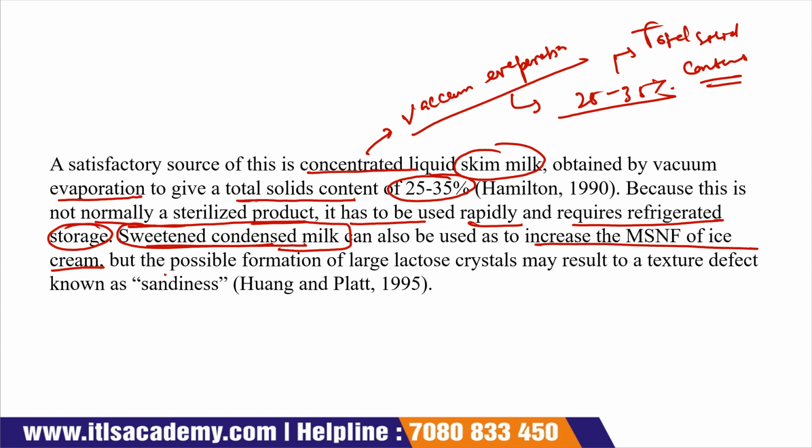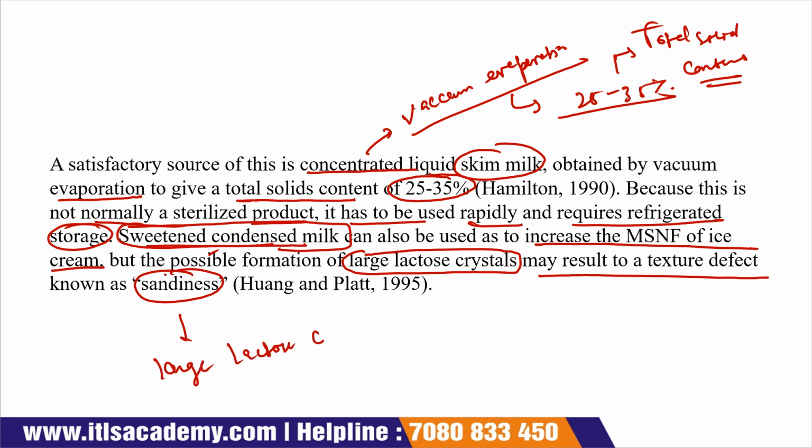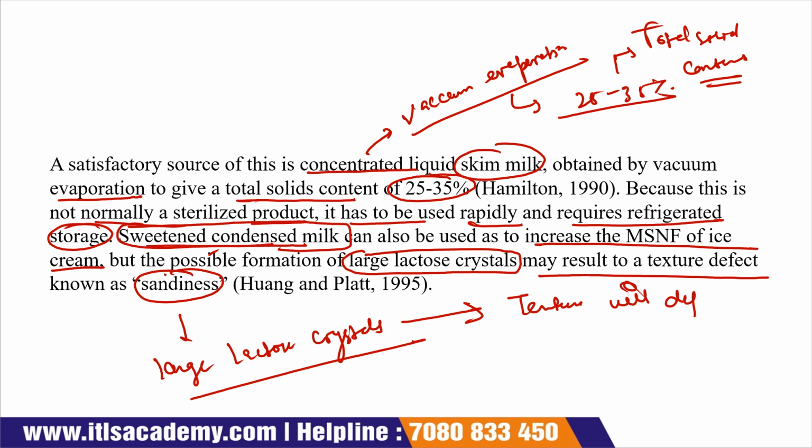But there is a chance of formation of large lactose crystals, which may affect the texture of the ice cream, and this defect is called sandiness. When large lactose crystals are formed, the texture will be defective, and this defect is called sandiness.